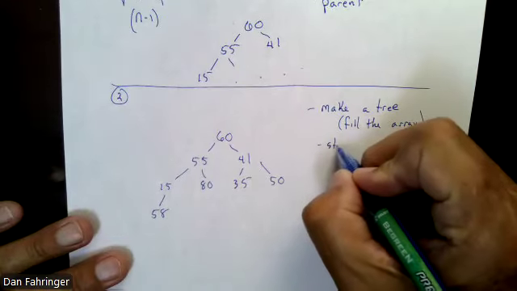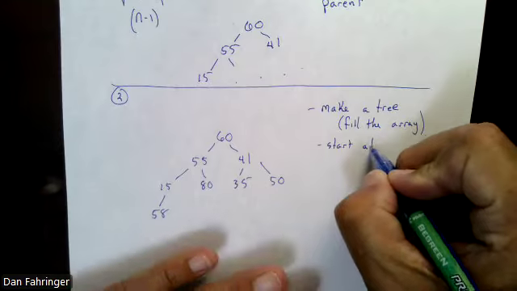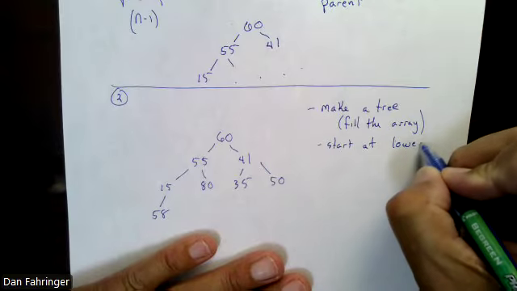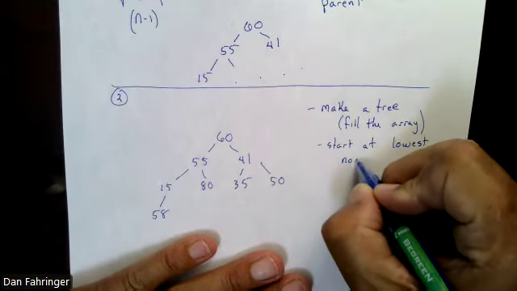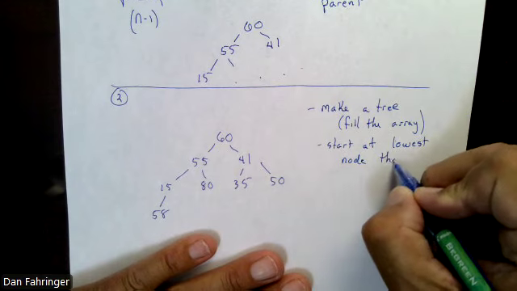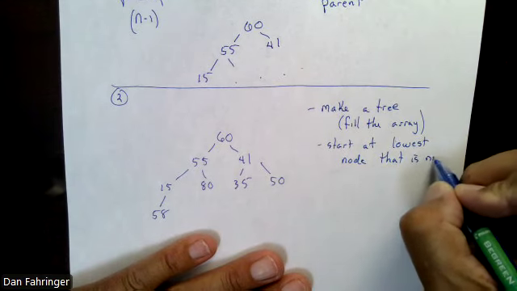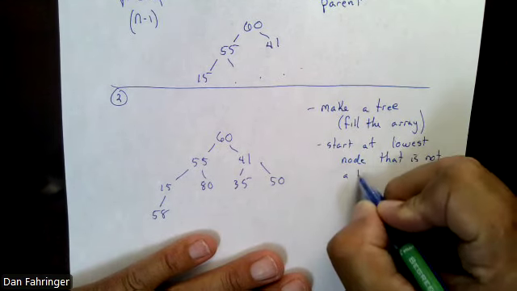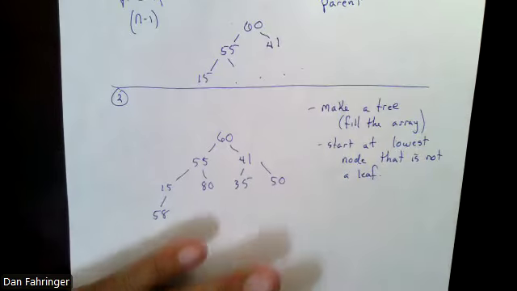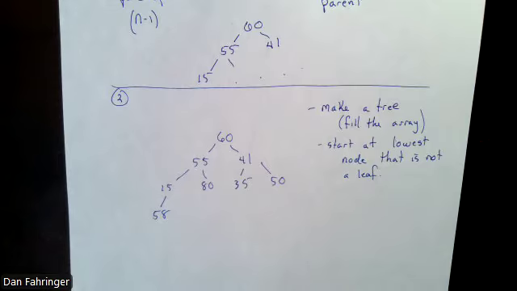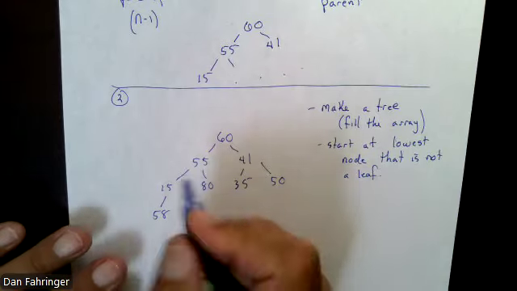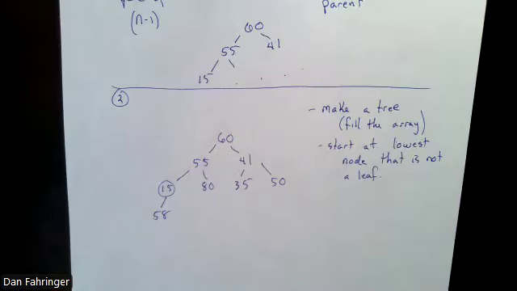Start at the lowest node that is not a leaf. Where would that be? 15. 15 is going to be the first one.